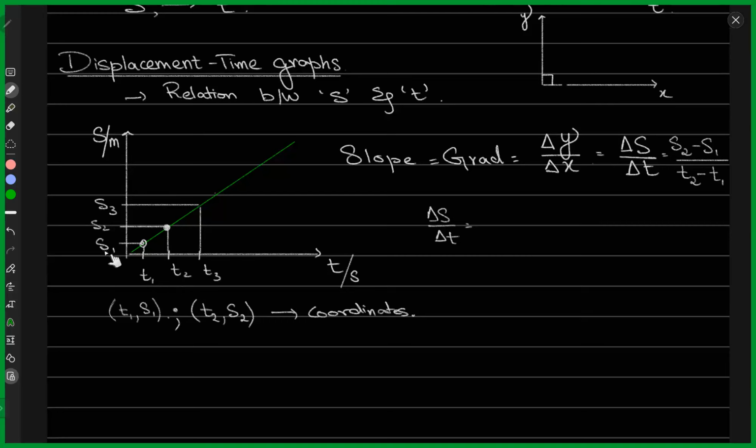Similarly, S1 could be 5 meters, S2 could be 10 meters, right? So you'd be putting the values S2 minus S1 divided by T2 minus T1. And this would give you a number, of course with some units as well. The units will be meters from S divided by seconds from time.